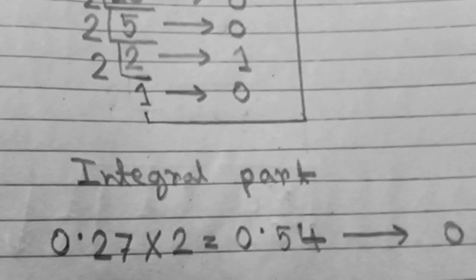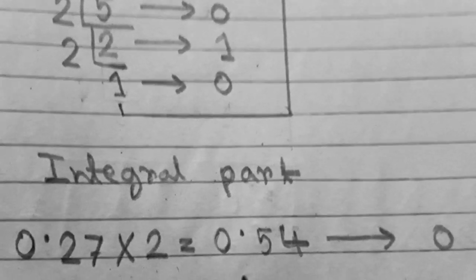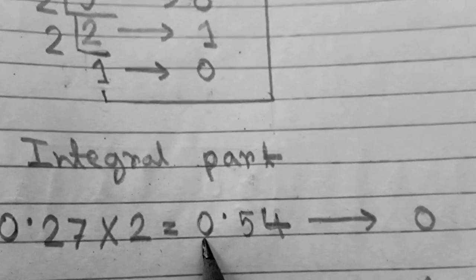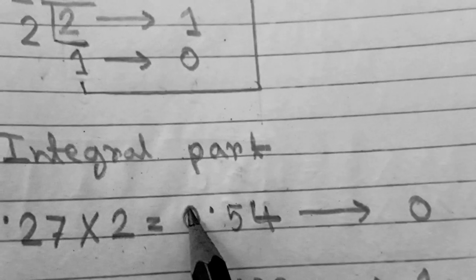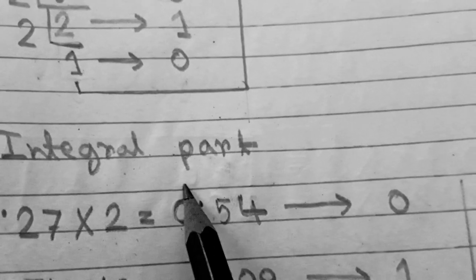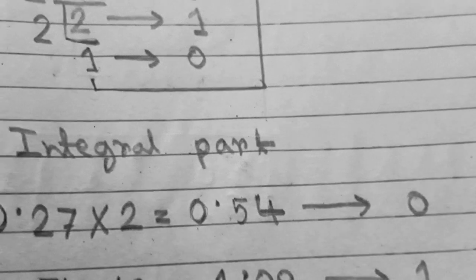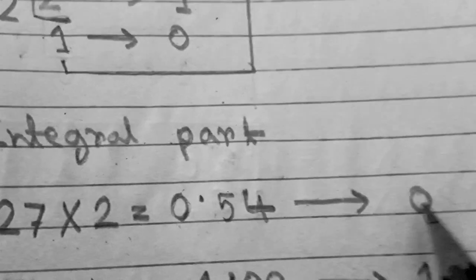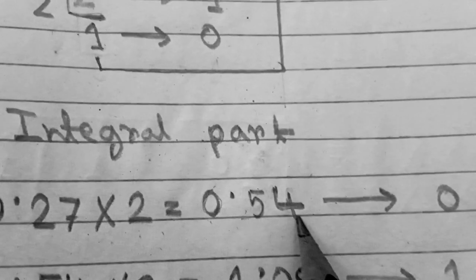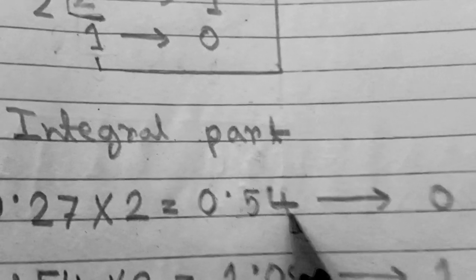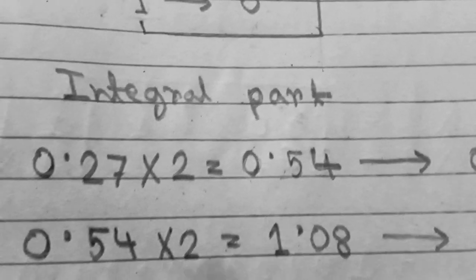Then 0.27 into 2. So I get 0.54. Whatever you have here, you keep aside 0, that means the integral part you keep aside, and again you start with the fraction part, that means 0.54.